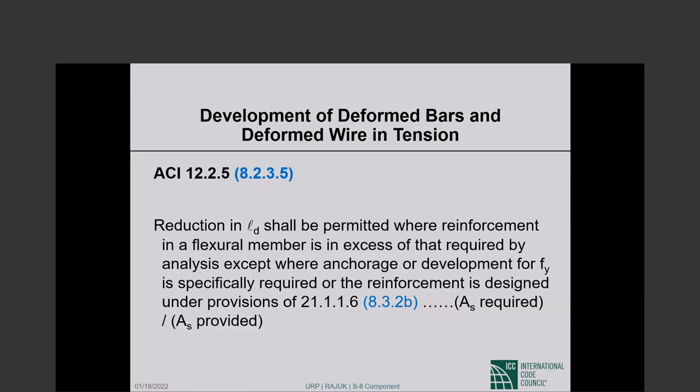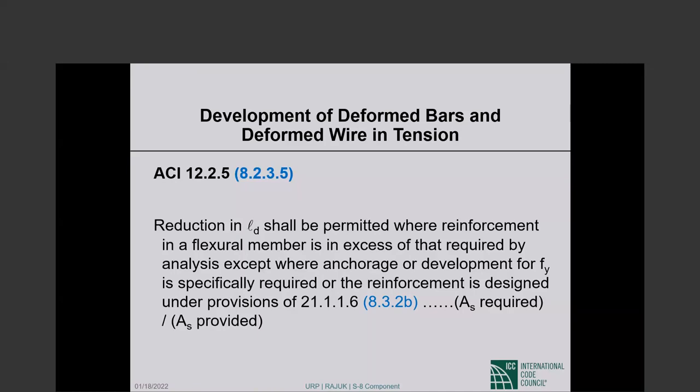Now, that seems simple enough. I said it leads to confusion because there are cases where you cannot take this reduction. Those cases are basically where the code, ACI 318, specifically requires full F sub y to be developed. That happens in high seismic applications all the time.